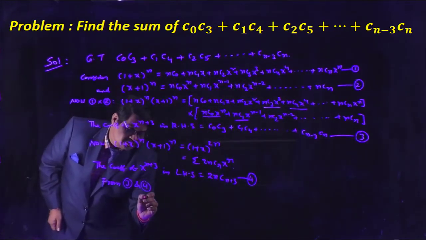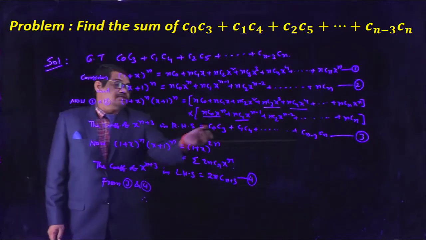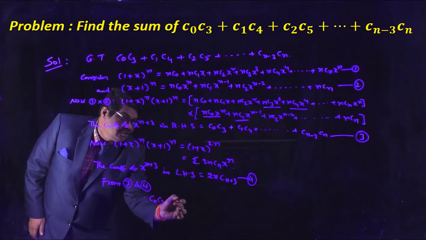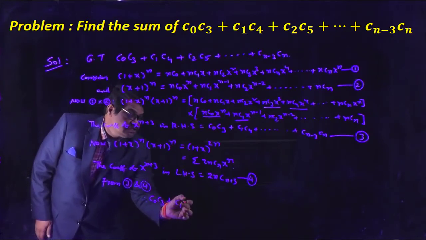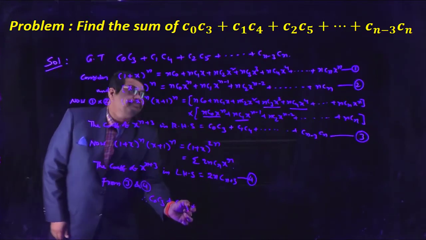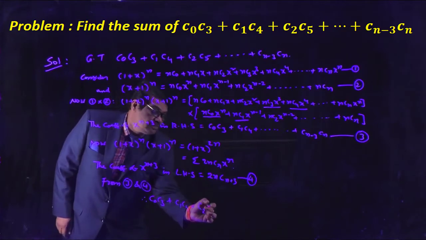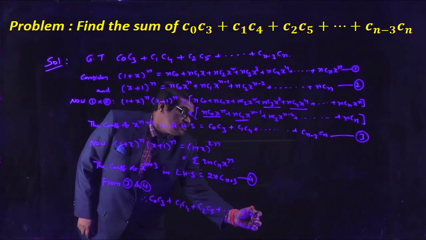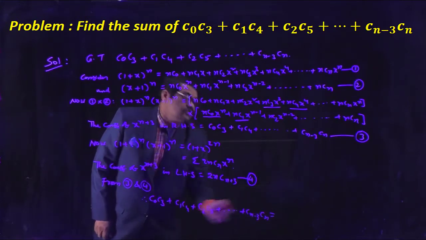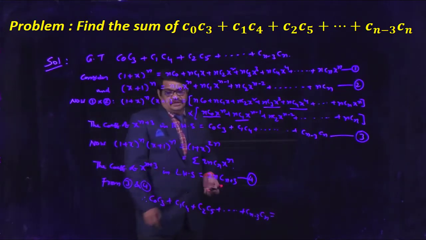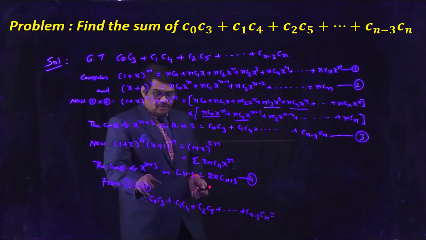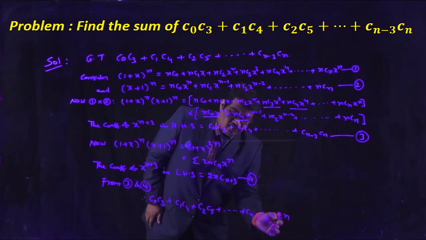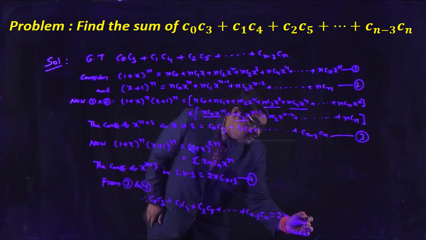The RHS, that is equation 3, is C0 C3 plus C1 C4 plus C2 C5 and so on plus C(n minus 3) Cn. Next, what is equation 4? That is 2n C n plus 3, which we equate.